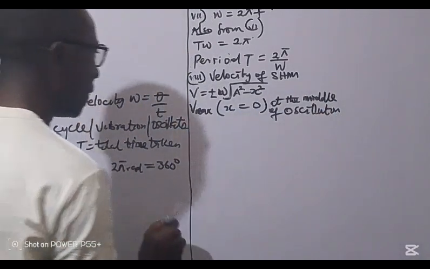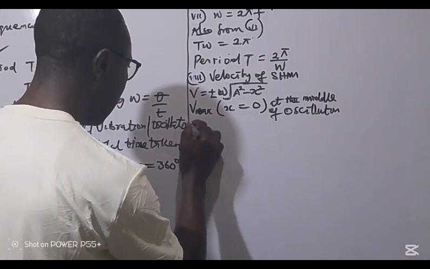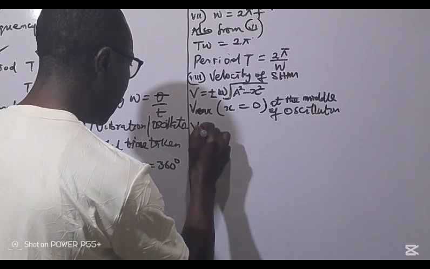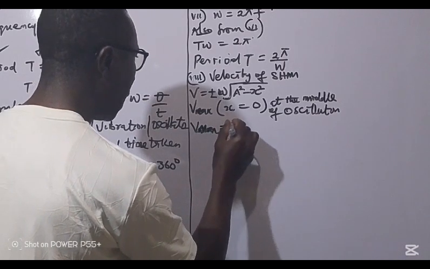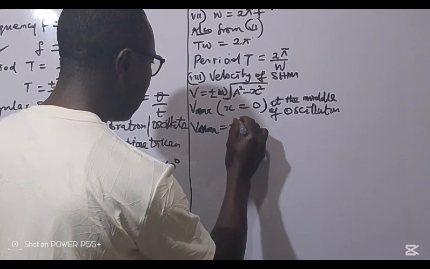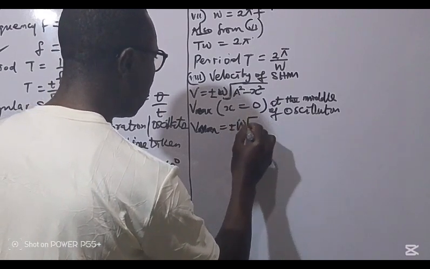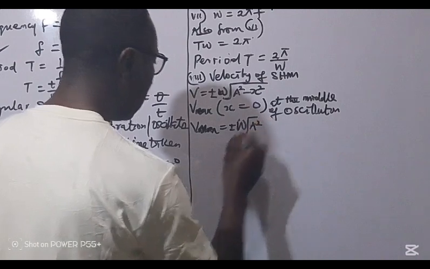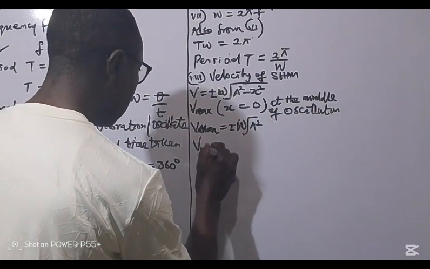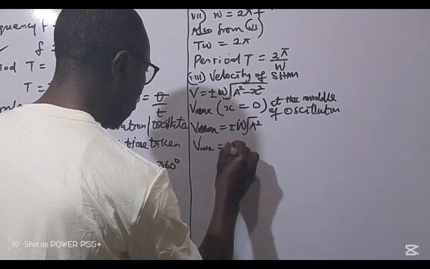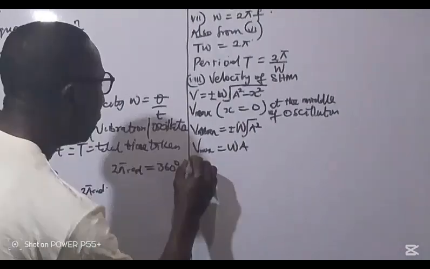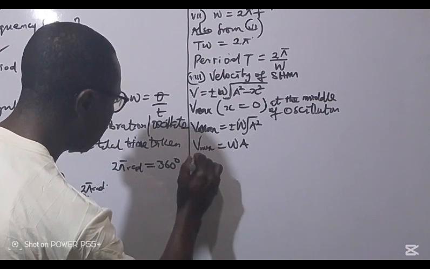So if s is equal to 0, we are going to have maximum velocity, V maximum, as plus or minus omega square root of a squared, then we are going to have V maximum equal to omega a. So take this one as number 9.